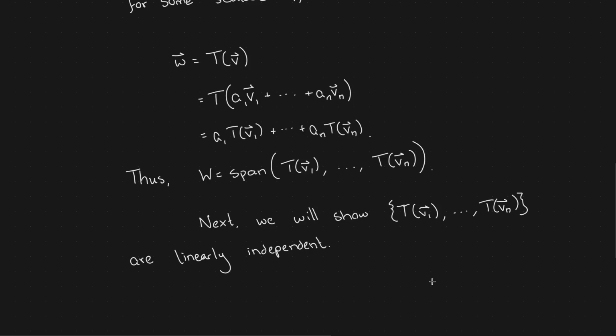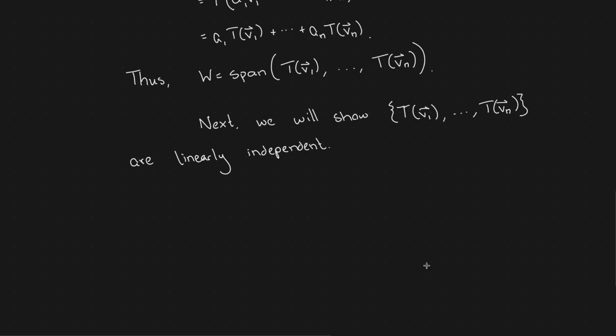Okay, so to show these are linearly independent, remember a set of vectors are linearly independent if when I look at a linear combination of them and set them equal to the zero vector, the only way that I can make that work is with a trivial solution, setting all the coefficients equal to zero.